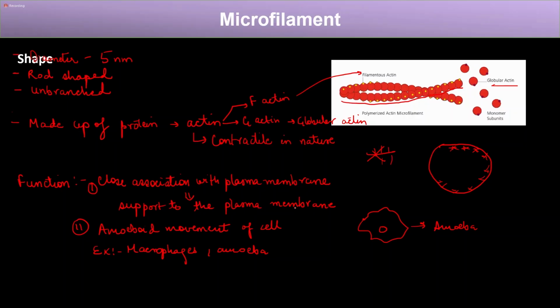Now, the second type of filament is known as intermediate filament. The diameter of the intermediate filament is 10 nanometer, and it looks something like this.